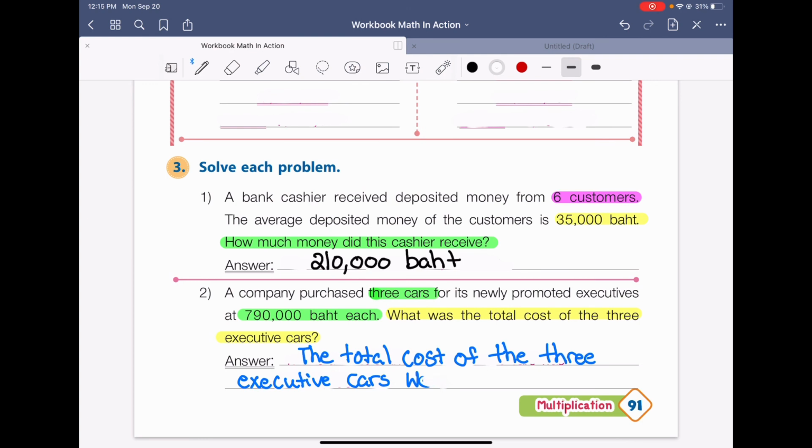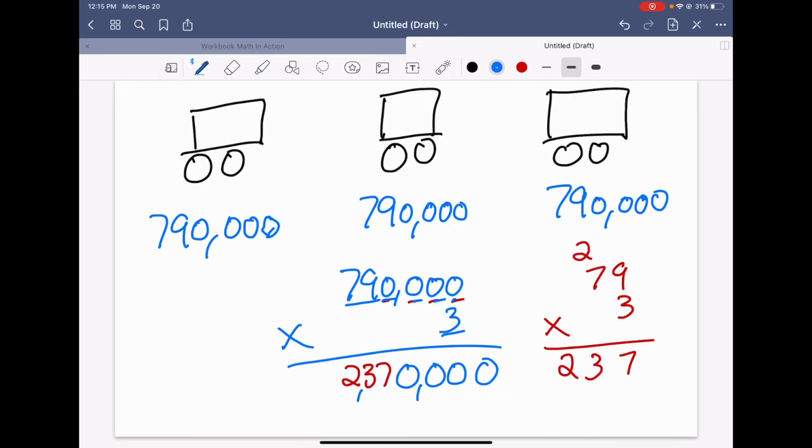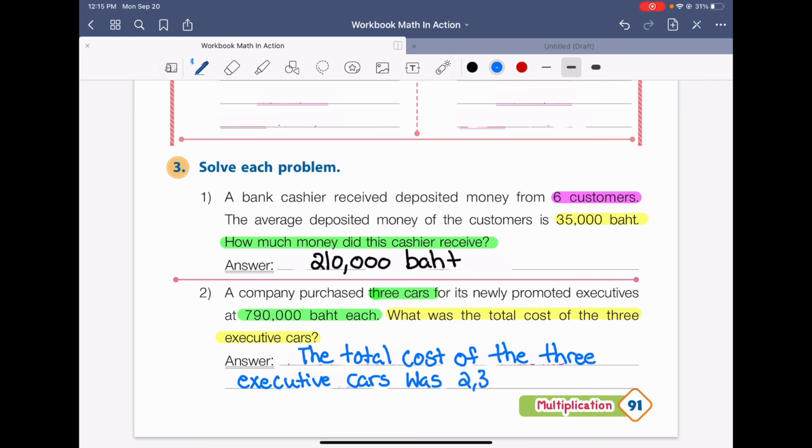Was 2,370,000 baht. Right? The total cost of the 3 executive cars was 2,370,000 baht. You can write it like that.